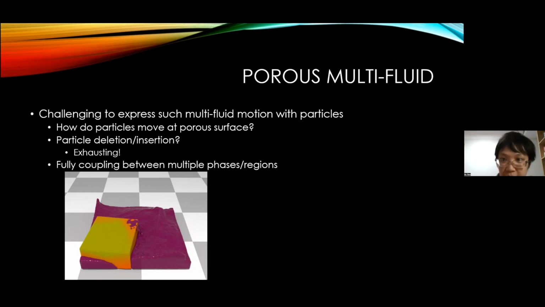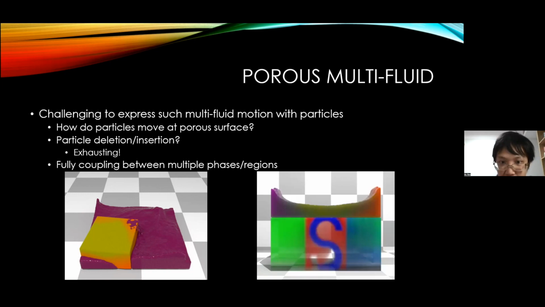And if you add some merging or splitting strategies, it will be more complicated and not very stable in the multi-phase case. And still, we want some fully coupling between multiple phase regions and with the solids. So how do we do it?